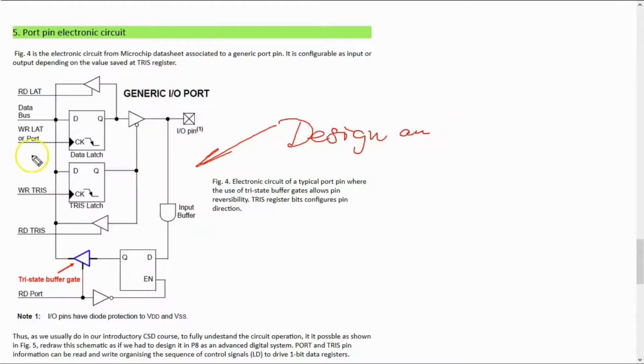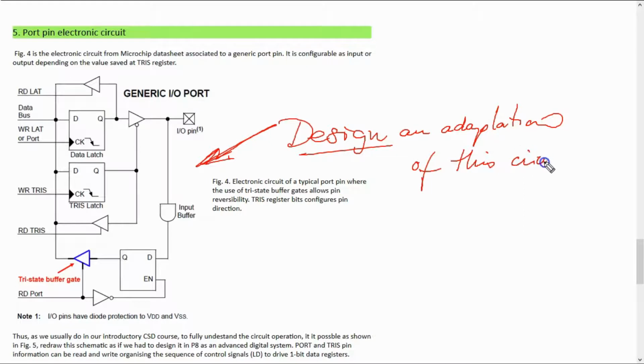and not the same, because this is in some way proprietary from Microchip and you know just some details of this. So what I'm asking you, for example, is to design an adaptation of this circuit using something from previous projects.